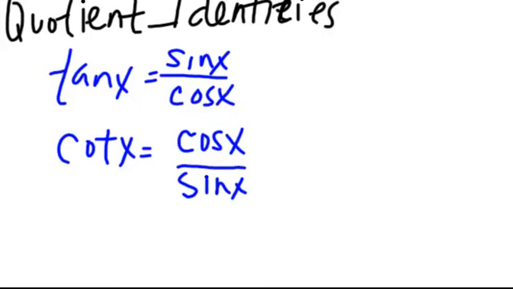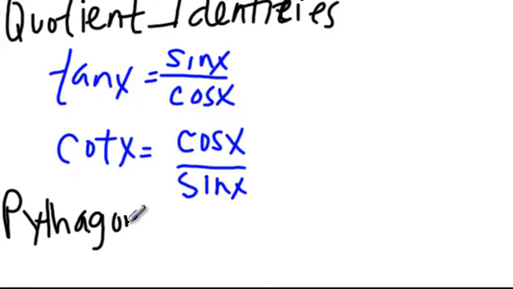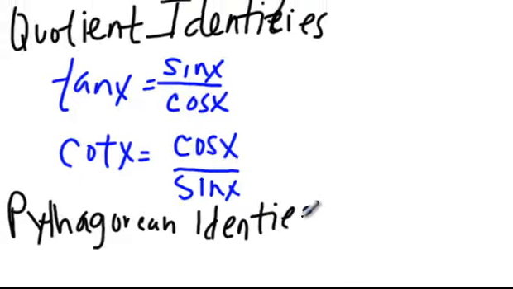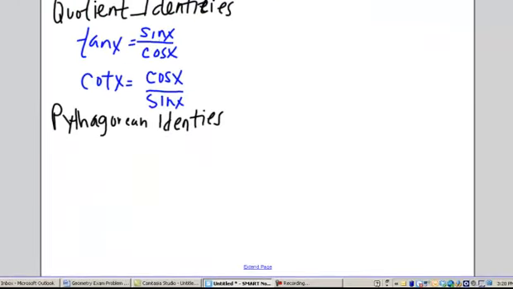And then last but not least are the Pythagorean identities. And these look like cosine squared of x plus sine squared of x equals 1.